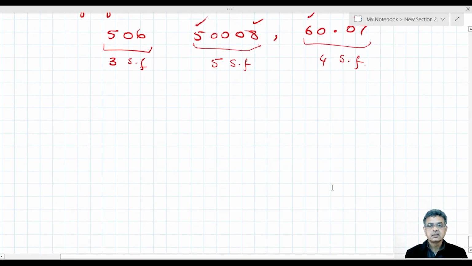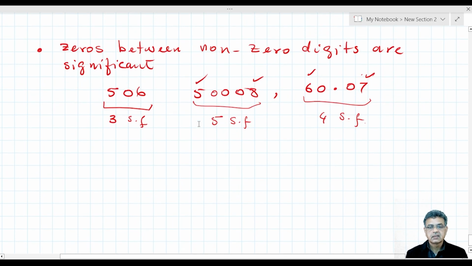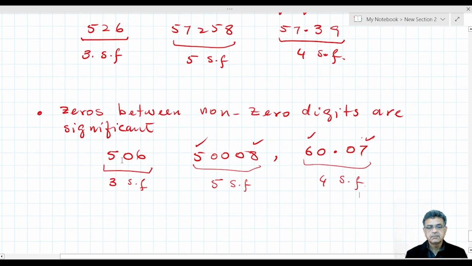Okay, now actually the main thing to understand in significant figures is if the zeros are there in the beginning or at the end of a number. So we are talking about such zeros which are before any non-zero digit or after a non-zero digit.